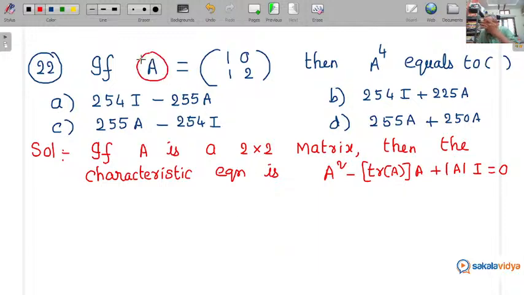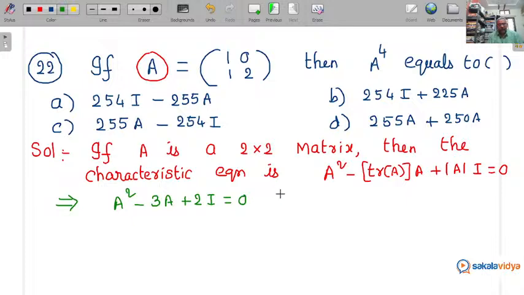So let us find out now first of all. What is the characteristic equation? Now write down, all of you. First trace A, very simple, you can find out. A square minus trace. Trace means 2 plus 1, 3, 3A, plus determinant of this matrix, 2 minus 0, 2I equals 0.